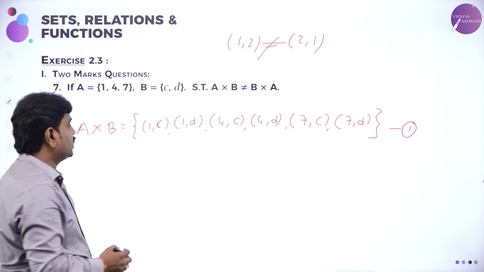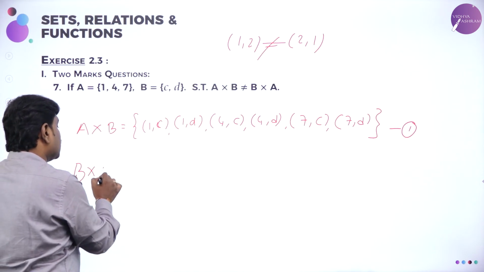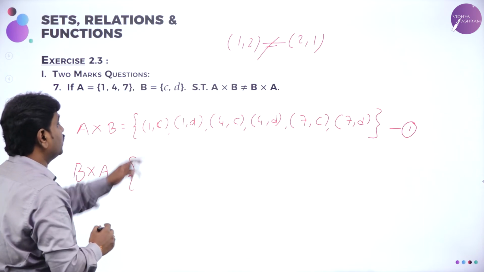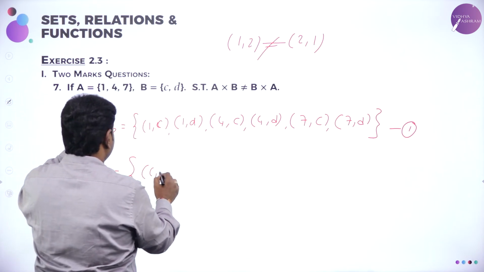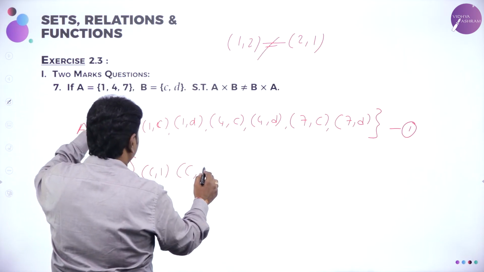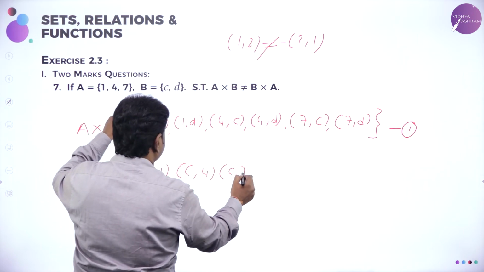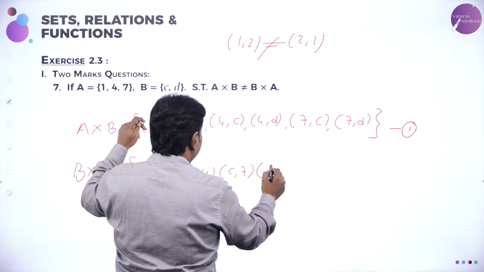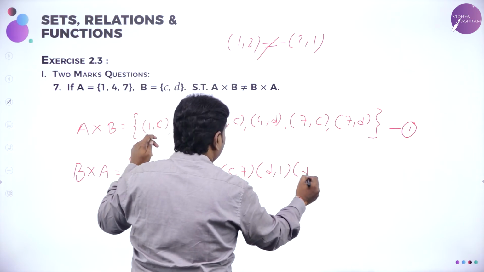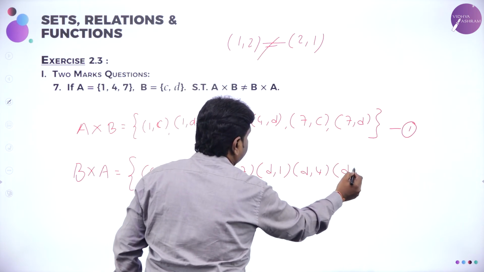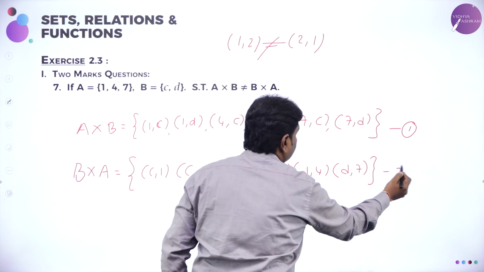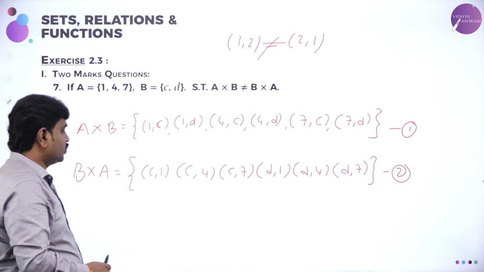So now you do B cross A. B cross A means the first element you should pick from B: (c,1), (c,4), (c,7), then (d,1), (d,4), (d,7). Call it 2. From 1 and 2, what is the conclusion?